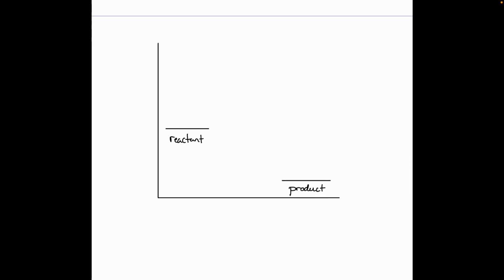Up here or down here? Okay, this would represent a negative delta G. My delta G is the difference between these two levels here. So this is the thermodynamics of my reaction demonstrated. Delta G less than 0.